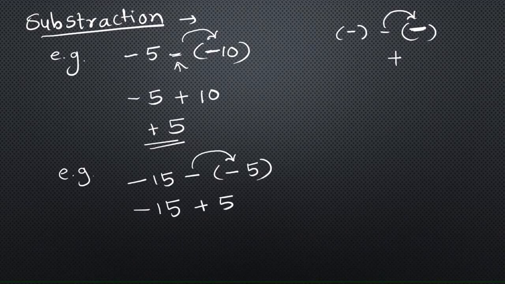The difference between 15 and 5 is 10, so I write here 10 and give the sign of the bigger number, which is minus. So when we solve minus 15 minus 5, the answer comes as minus 10.